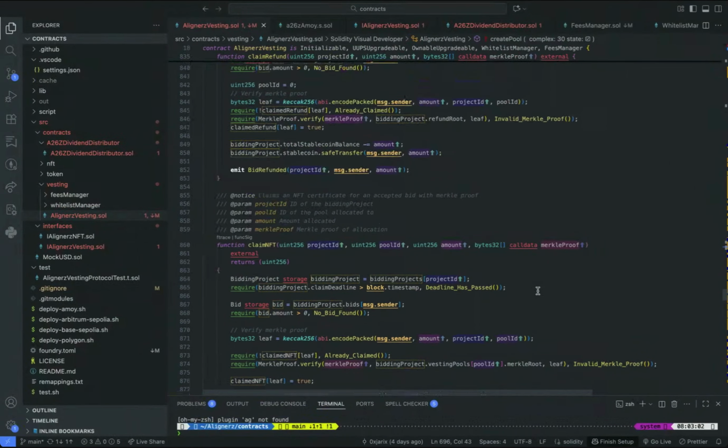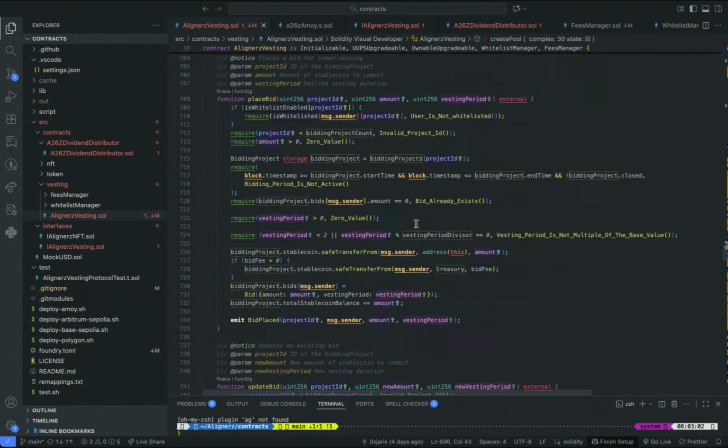Okay, so once the owner creates pools, the user will start placing bids. They have to choose a certain amount and a vesting period, and they choose a certain project to bid for.